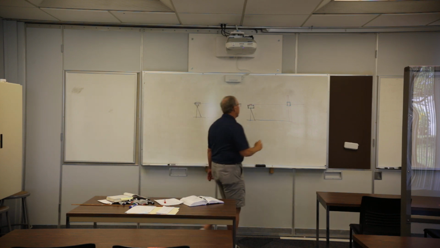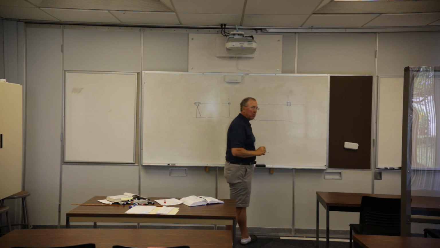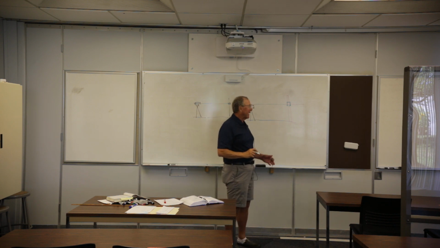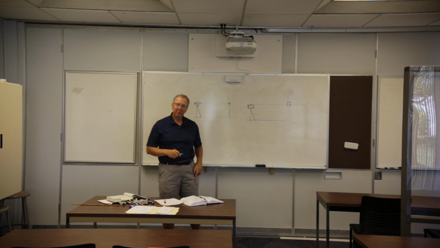All we do is move this target up until it hits exactly where this laser is. When it does, it makes an audible sound. We tie the target to the rod and we read the rod after we tie the target to it.